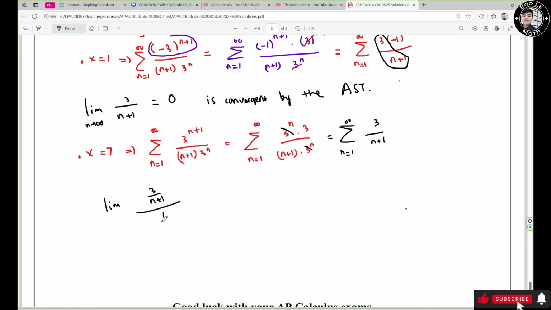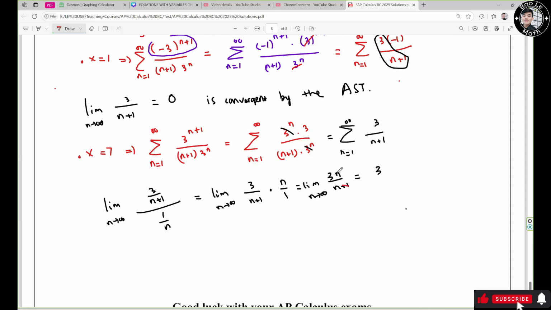Now we compare 3 over n plus 1 with 1 over n when n approaches infinity. So it's going to be the limit of 3 over n plus 1 multiplied by its reciprocal, n over 1. So it's going to be 3n over n plus 1, limit when n approaches infinity, and it's going to be 3, because when n approaches infinity, n is much larger than 1, so I just ignore this one.